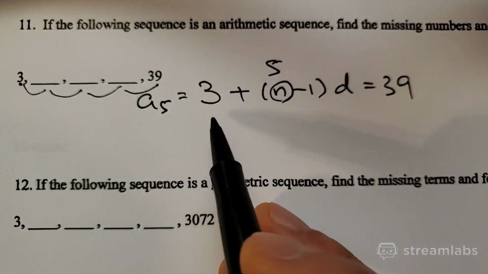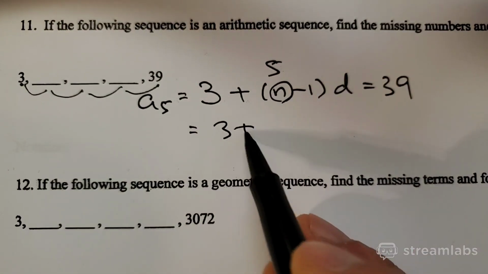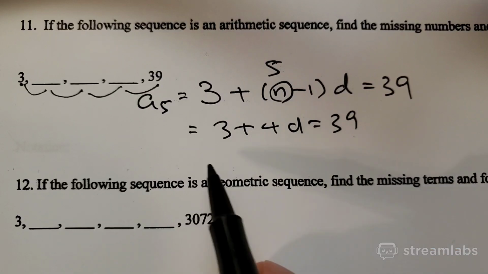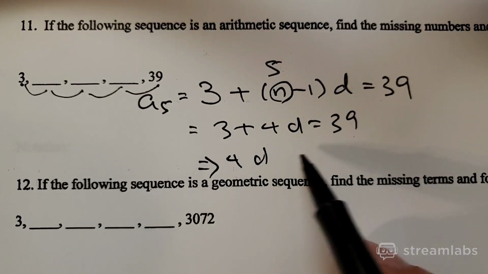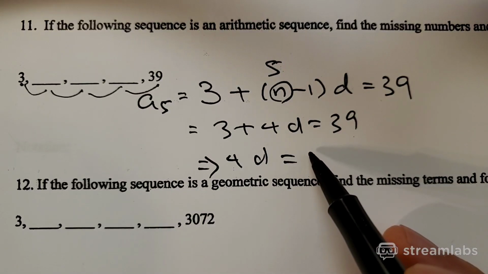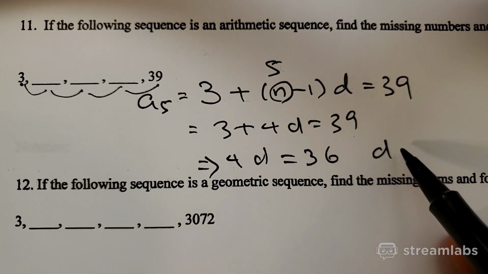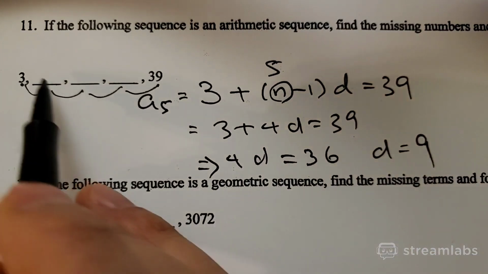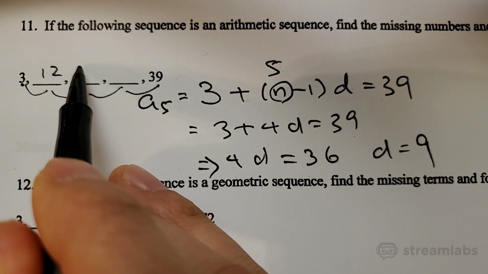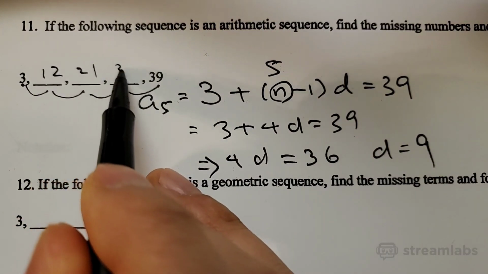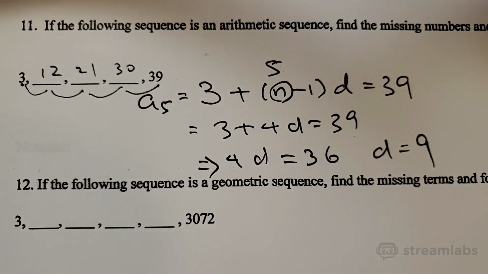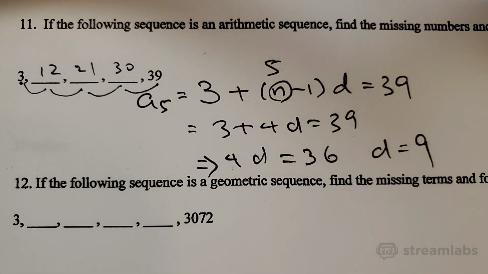So 3 plus 4d is 39. So 4d is 36. d is 9. So that means you add 9 each time. So 12, 21, and 30, etc. Just like that.